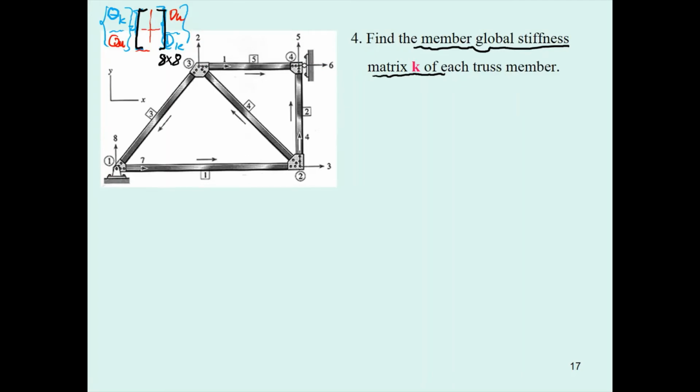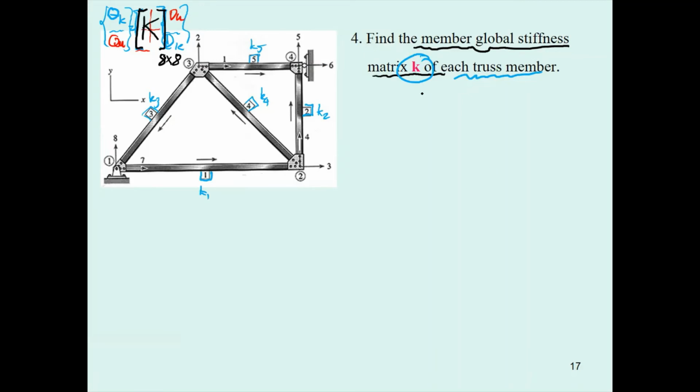Let's see. If you consider a member, member number 1 will provide K1. Member number 2 will provide K2. Member number 3 will provide K3, and this is K4, and this is K5. Each of them must be determined first, and then you may later combine them to be the truss stiffness matrix, which is going to be the capital K matrix.